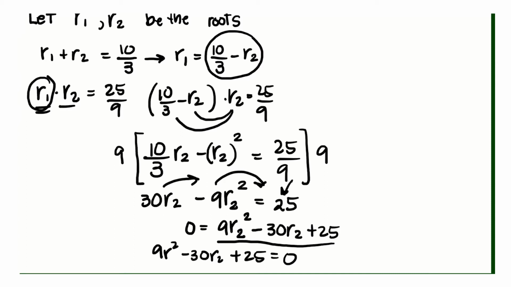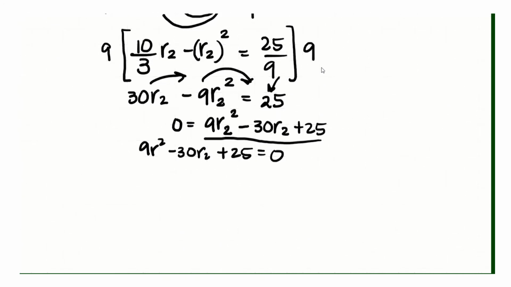Now, if we are just looking for an equation, by the way, there are many possible equations that we can find, but to give you one, an example of the equation for this is 9x squared minus 30x plus 25 equal to 0.